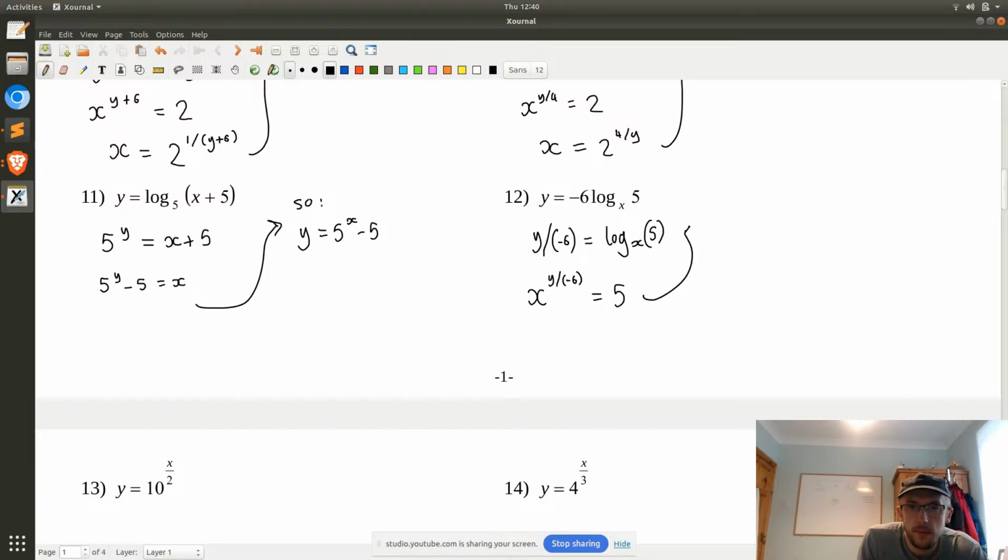And then that root of both sides, which means the reciprocal. And swap variables. And check. And that's good.